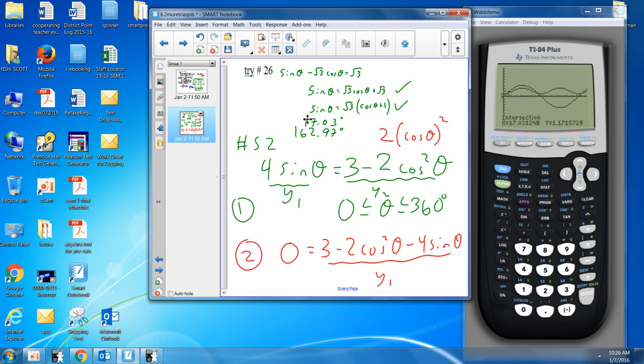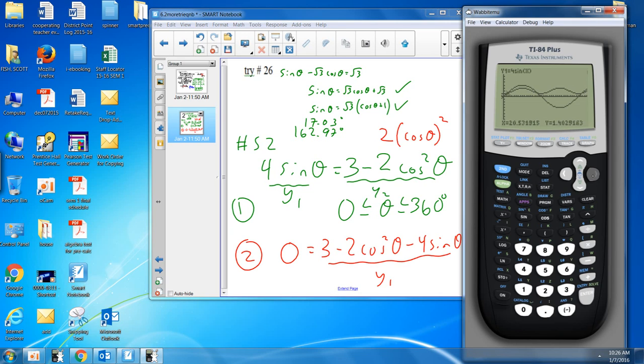You have one more intersection, and again, the question is, is that before or after 360? If I trace this, you can see that at 360 degrees, you didn't get to the intersection yet, and so it's going to be after that intersection.